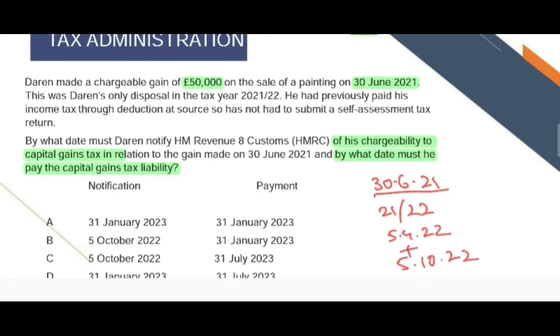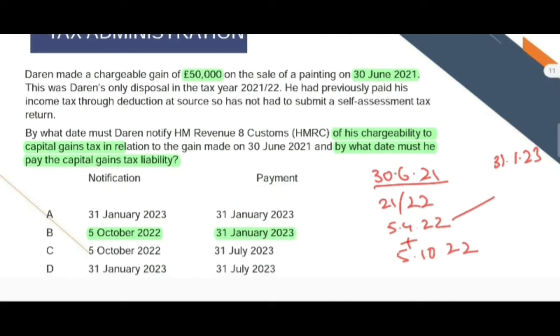So this is the date by which the notice of chargeability to capital gains tax should be served by the taxpayer. And next, by what date must he pay the capital gains tax liability? That is 31st January following the end of the tax year, and that will be 31st January 23. So the option would be B: 5th October 22 is the notification date and the payment date is 31st January 23.